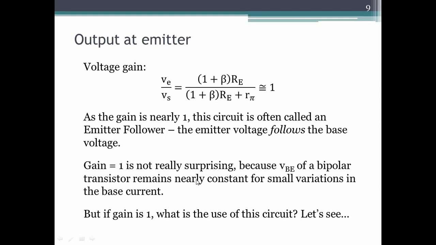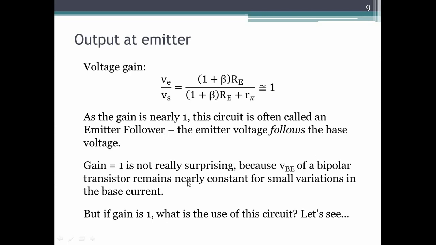Why? Because the current varies exponentially with the voltage, and for small changes in base current, the changes in the voltage will be small. So if the base voltage changes by a certain amount, the base emitter voltage remains constant, and therefore the emitter voltage will change by the same amount as the base voltage change. Therefore VE is equal to Vs or VB, which are the same.